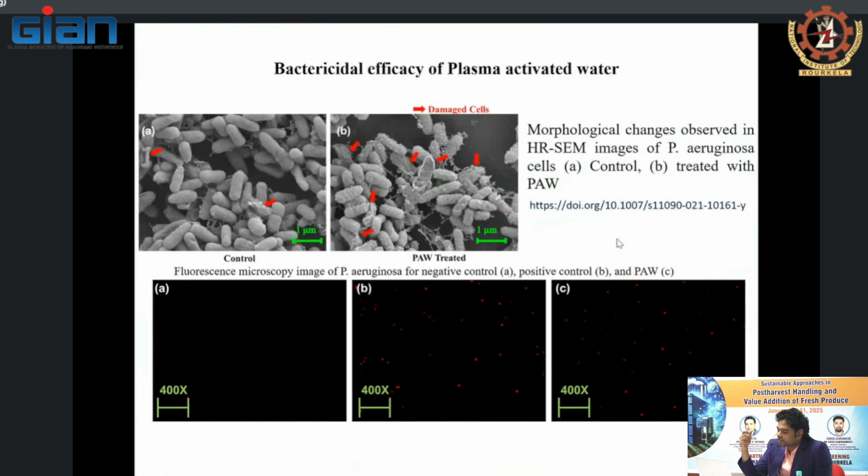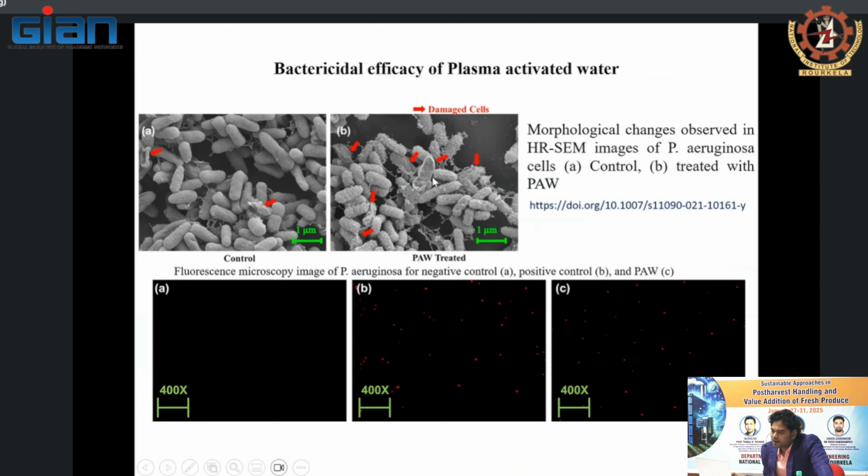And then the bactericidal effect of plasma and plasma activated water. We can see the surface changes. This is a control sample, and you can see these microorganisms. When the surface is exposed to plasma, it destroys the cell wall components.